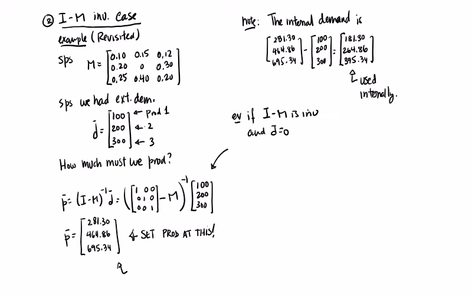If I minus M is invertible and D is 0, then what happens? P must also be 0. So P is 0. So if I minus M is invertible and the external demand is 0, then nothing gets produced. It basically doesn't work, right? So we cannot produce.